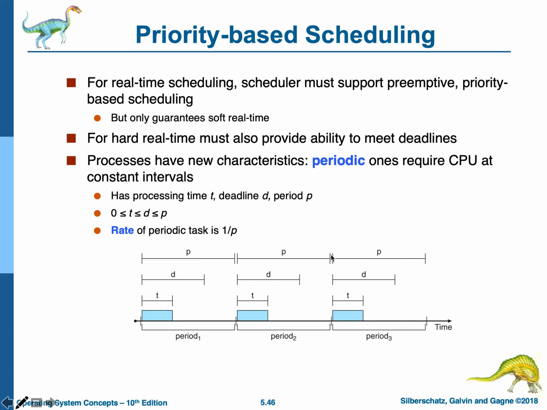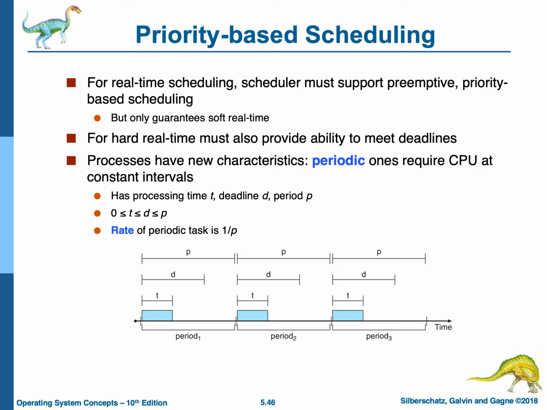And then we also have periodic scheduling. Periodic scheduling means there are a number of periods. Processes have new characteristics: periodic ones require the CPU at a constant interval. So the scheduler must support preemptive and priority-based scheduling.